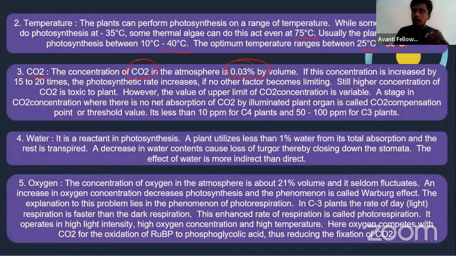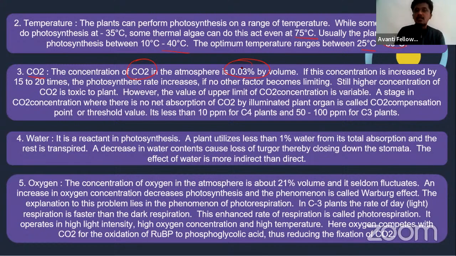That is when their net productivity decreases at higher temperature. Whereas C4 plants can withstand a very wide range of temperatures, and they can also regenerate their own carbon dioxide through Kranz anatomy, as we saw. That is why they become very optimal with respect to carbon dioxide concentration.